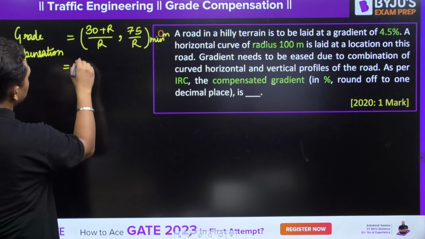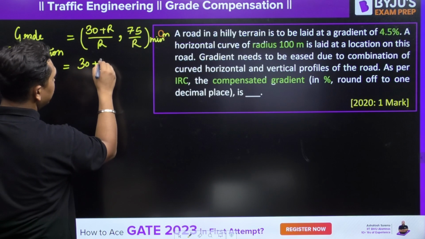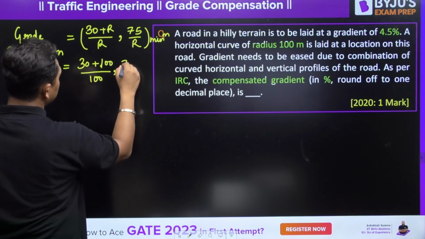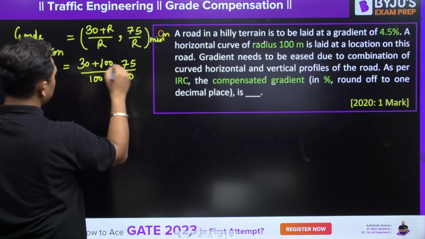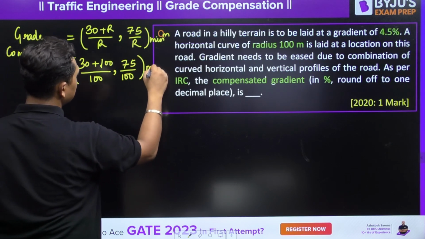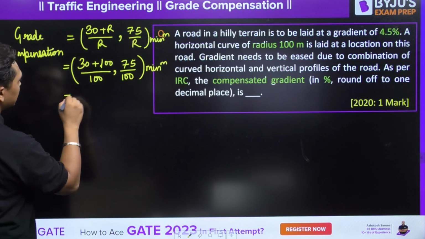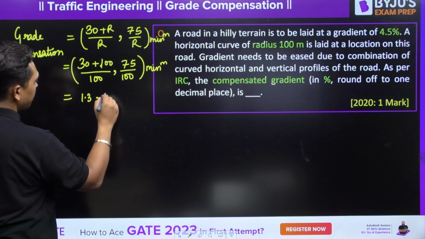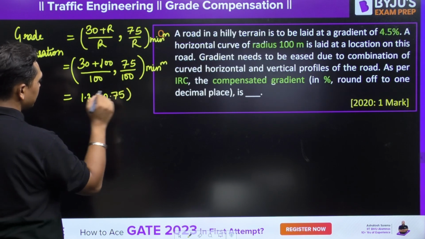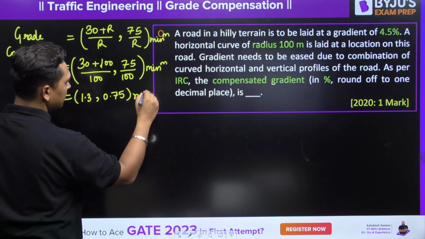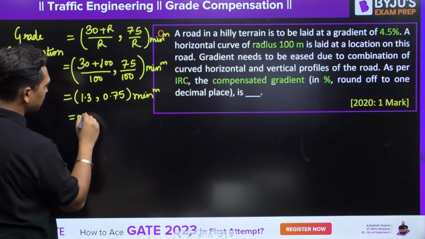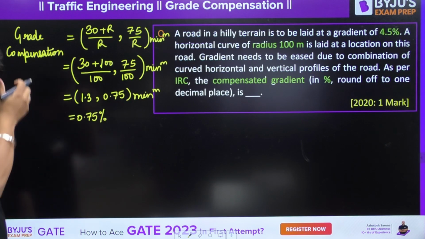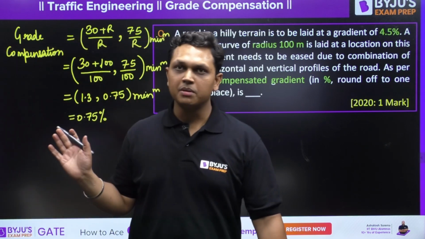R is 100. So 130 by 100 is 1.3, and 75 by 100 is 0.75, whichever is minimum. So it comes out to be 0.75%. So this is your grade compensation which will be done.